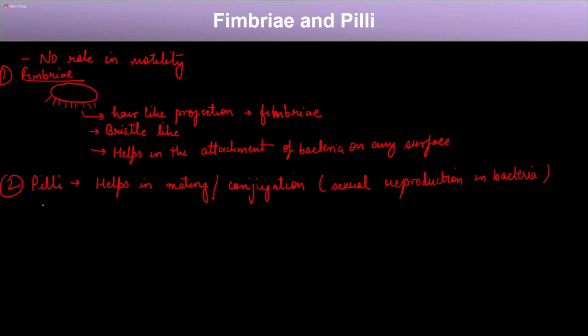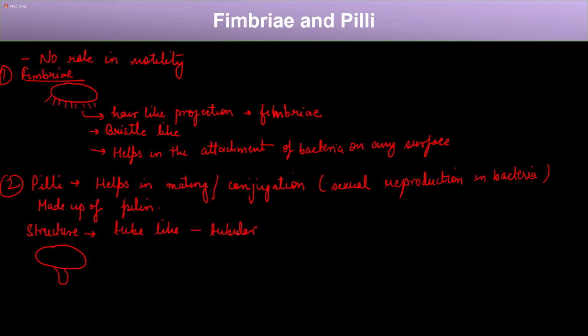Now what is it made up of? The pili is made up of a special protein called pilin. If we talk about the structure of a pilus, how does it look? It looks tube-like. Remember, in the last slide I drew it; the pili looks something like this. So it has a tubular structure. Now, what does this bacteria transfer through this pili?